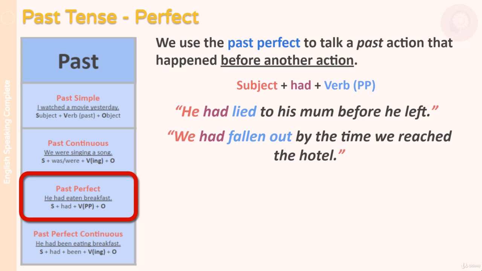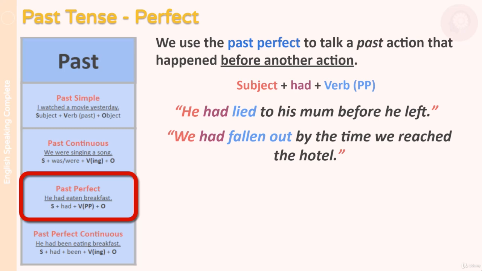We have to know about things like past participles, so it's kind of advanced. So I don't want to further complicate it with contractions. But if you're interested, I'm sure you will be, I'll say now, we had would be contracted to we'd. He had would be contracted to he'd. Slightly more natural sounding. We'd fallen out by the time we reached the hotel.